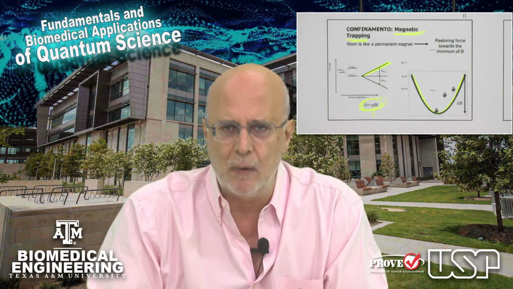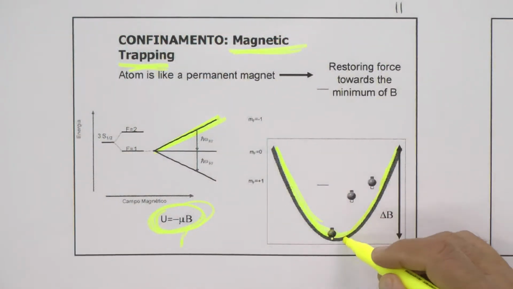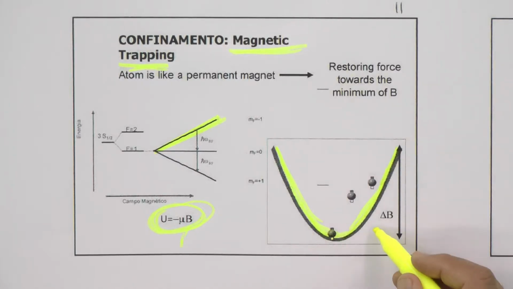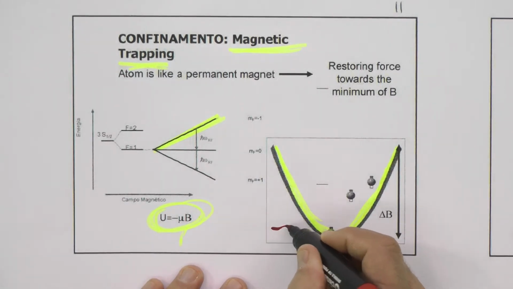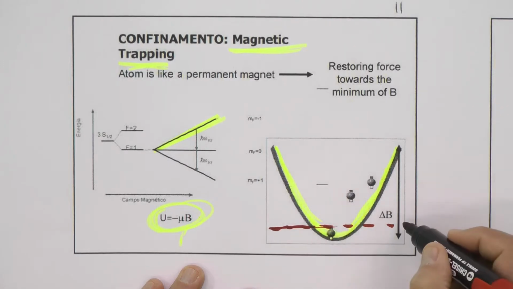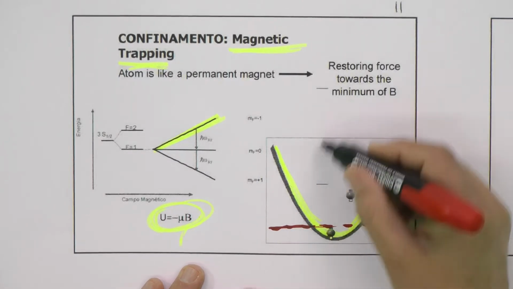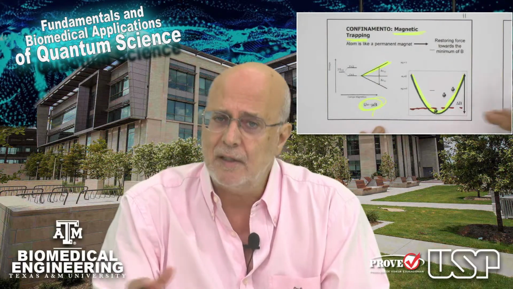And what we learn in quantum mechanics, if I have a potential like this, holding the atoms, there is a ground state energy here. Somewhere here, there is a ground state. If I make all the atoms be in this energy, I will produce a giant wave function where all the atoms have the same wave function.